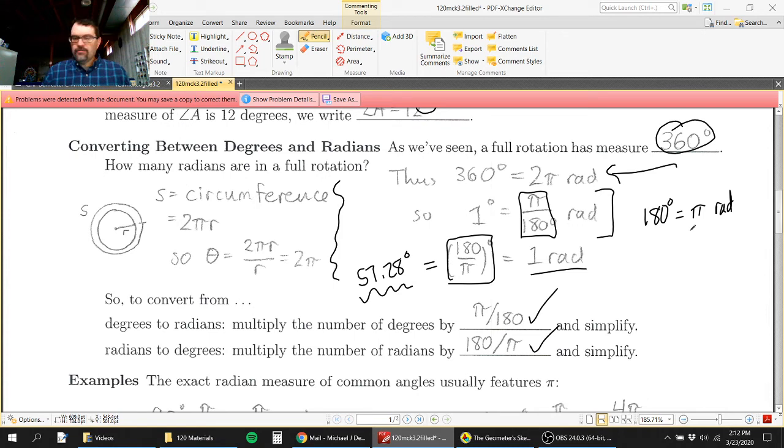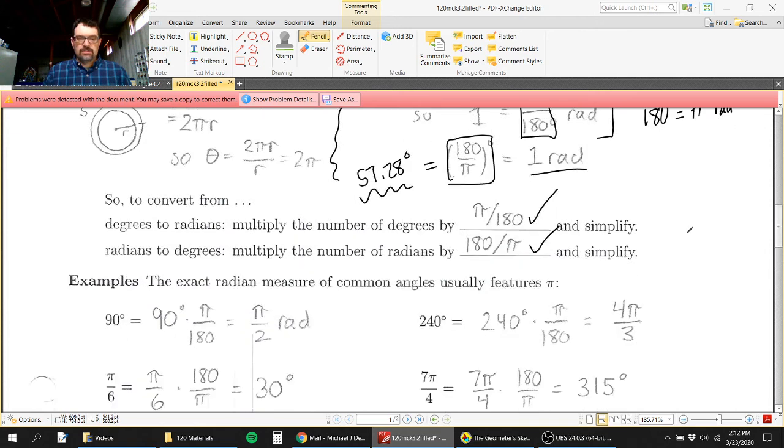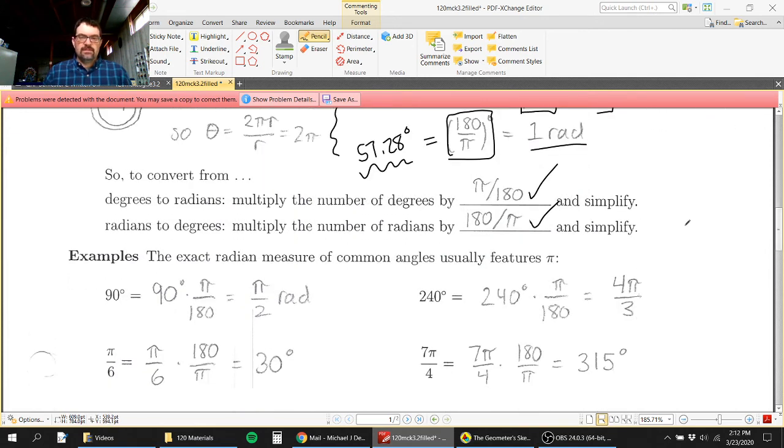And oftentimes, when we state angle measurements in radians, we state them as fractions of pi. All of our nice common angles like 30, 45, 60, 90, etc. are equal to some nice fraction of pi. And here's just a few of those. All right, so for example, 90 degrees. Well, to turn that into radians, multiply by pi radians over 180 degrees, basically.